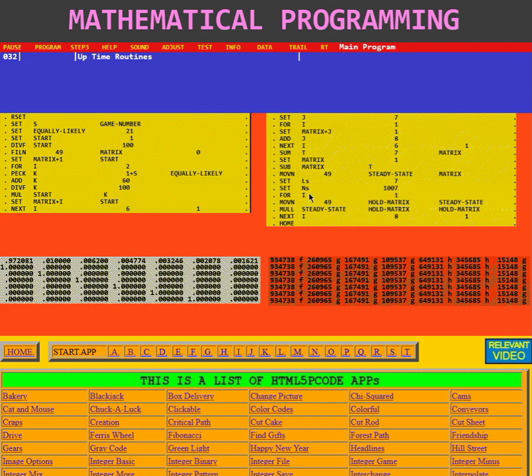Well, the next thing it does, it says for I of 1, next I8, go around here, and what it's going to do, it's going to keep multiplying steady state times whole matrix down here, but first it moves the 49 values from steady state to whole matrix, and then multiplies it times itself, and every time it goes around again, it does the same thing. So it's the second power, the fourth power, the eighth power, and so on, till it gets to the 256 power of the matrix. And down here is where the 256 power of the matrix is.